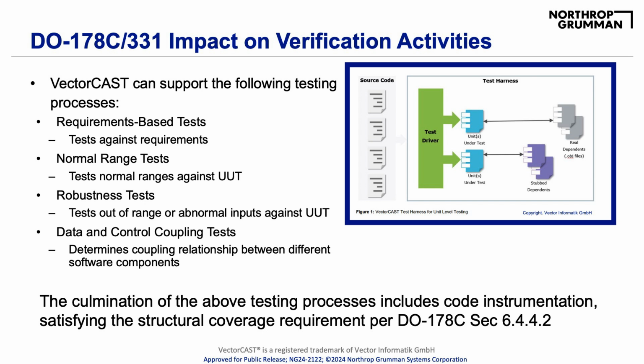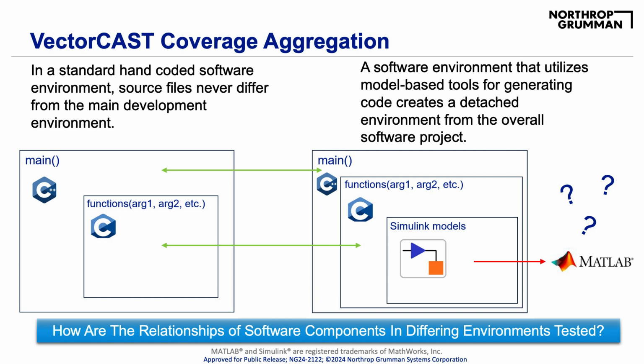You've given it to VectorCAST. You've written tests against it. That code has been instrumented, and the results of that are against the unit. And VectorCAST, at this point, has no issue aggregating coverage upward across those different software components because they're in the exact same development environment. And we see that here.